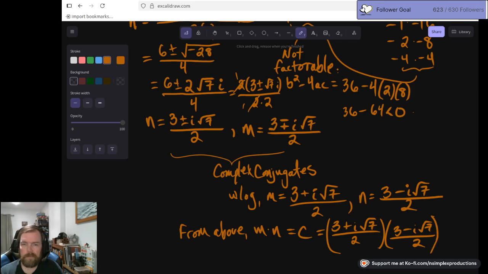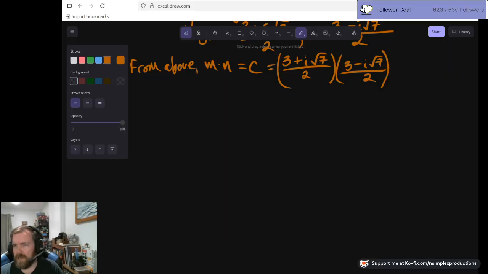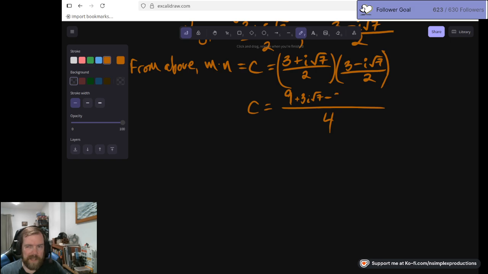Okay, so what does that do for us? In this case, we're still going to get c over 4, and the top ends up being a product of the numerators. So here we can get 9. The first one is going to be a plus 3 times i root 7, and the other is going to be a negative 3i times root 7.